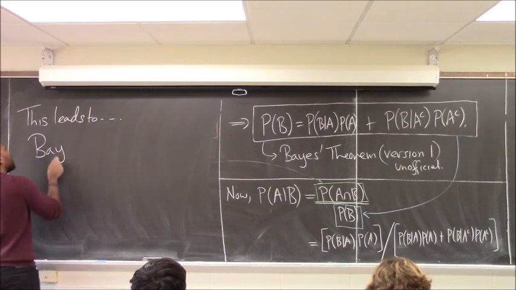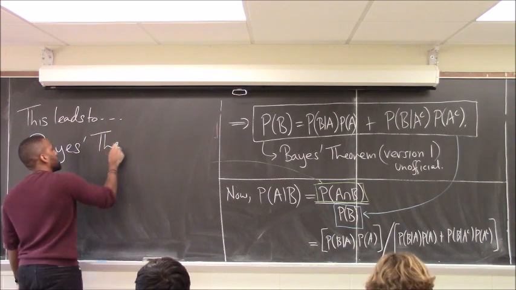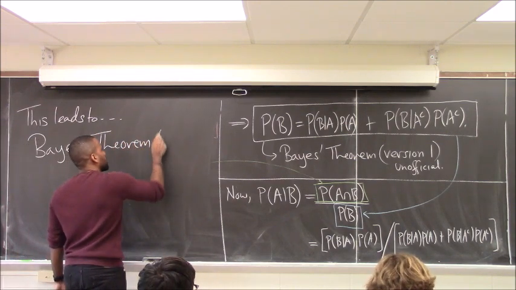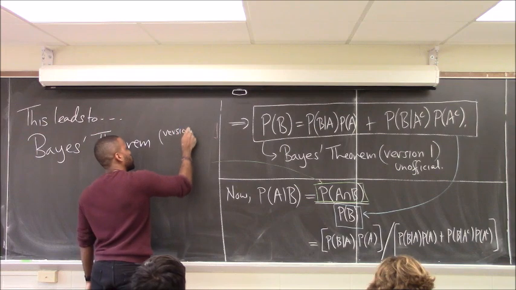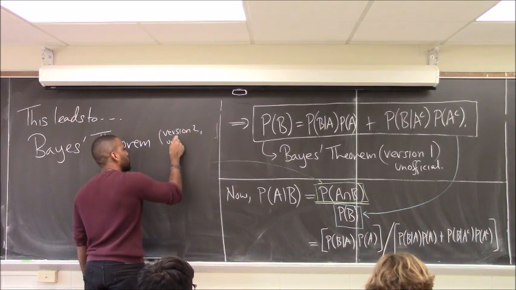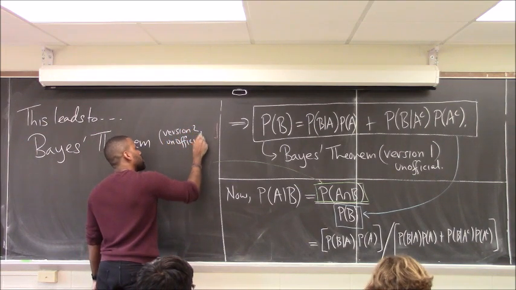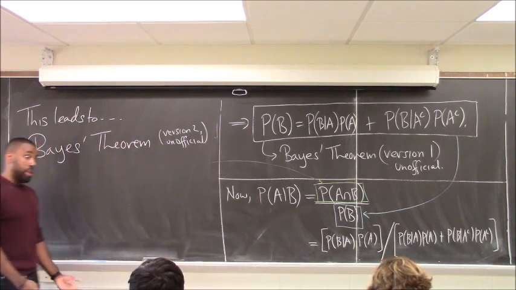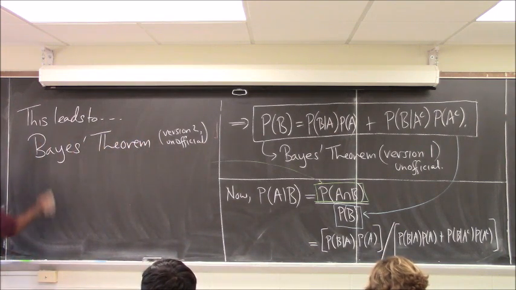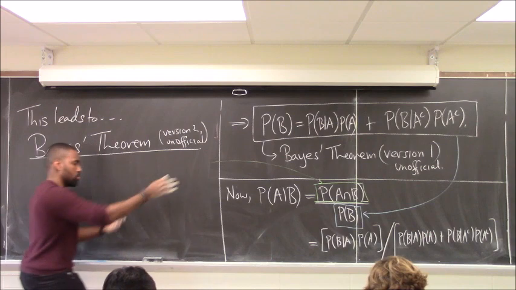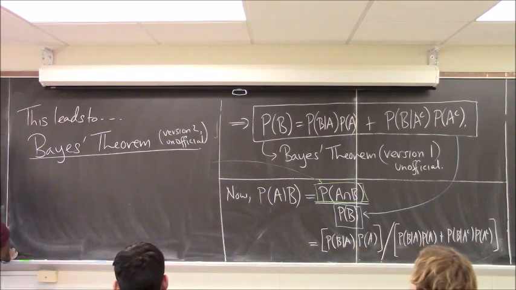This leads to Bayes' theorem, version 2, unofficial. In most textbooks, if you look up Bayes' theorem, this is the equation they're going to tell you, and what I just showed you is where the equation came from.